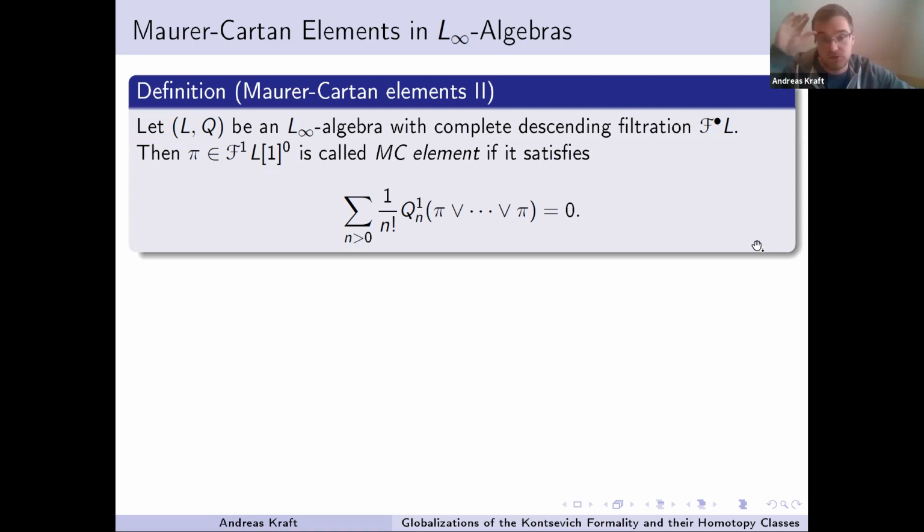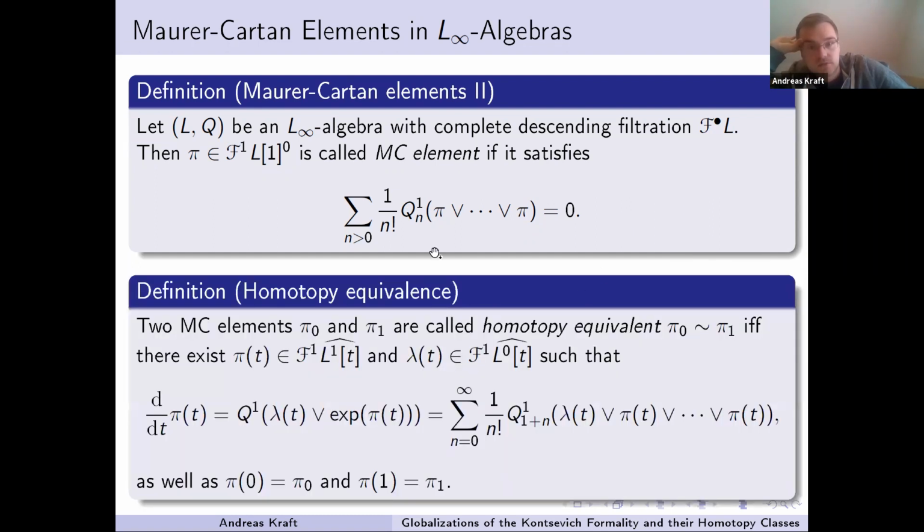So we can also generalize the notion of equivalence between Maurer-Cartan elements, which is now called homotopy equivalence. So two Maurer-Cartan elements are homotopy equivalent if we have such paths pi of t and lambda of t, such that pi evaluated at 0 is the first one, at 1 it's the second Maurer-Cartan element, and we have this differential equation.